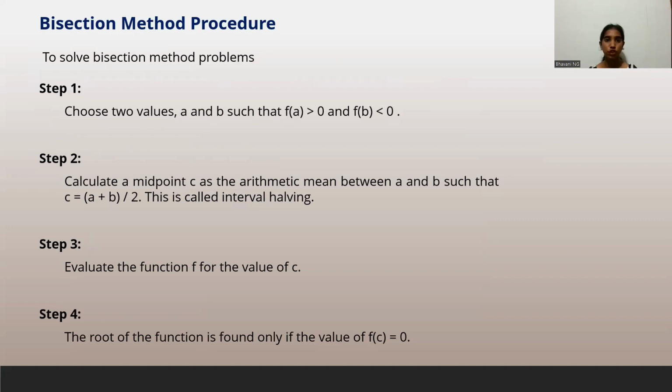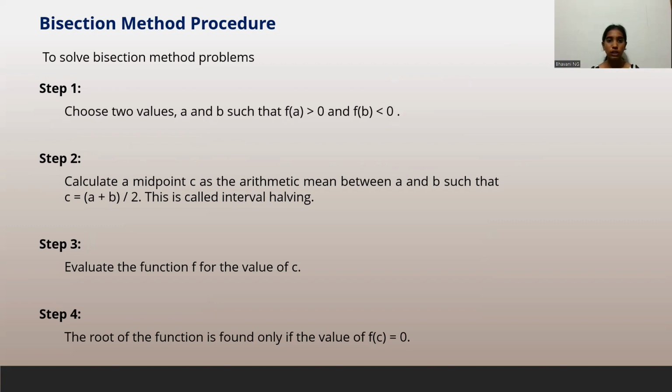Bisection method procedure. To solve bisection method problems, step 1: choose two values a and b such that f(a) is greater than 0 and f(b) is less than 0. Step 2: calculate a midpoint c as the arithmetic mean between a and b, such that c is equal to (a plus b) divided by 2.